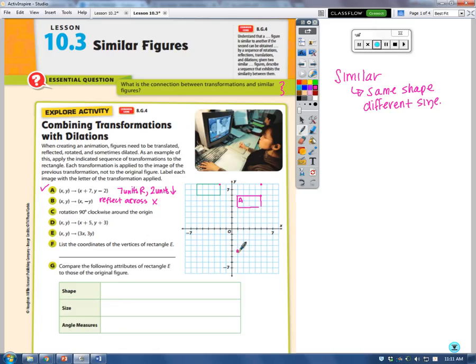And draw my rectangle. And this is going to be rectangle B. Okay, so that one's done.